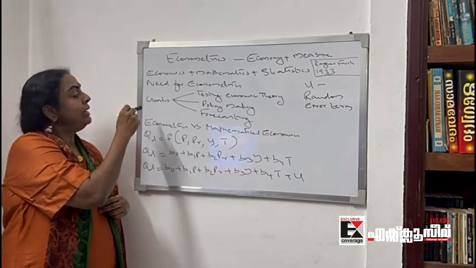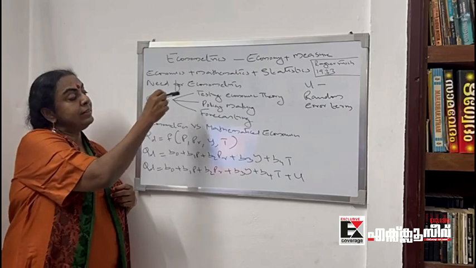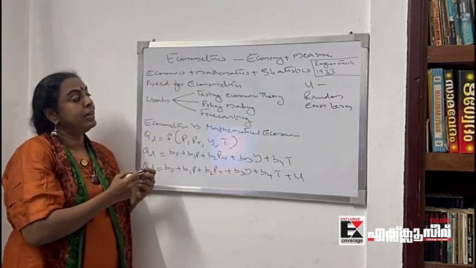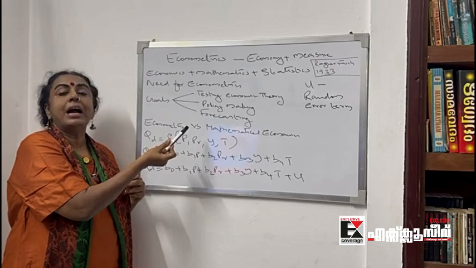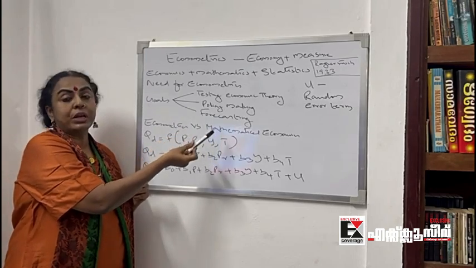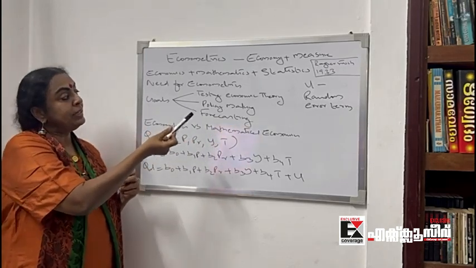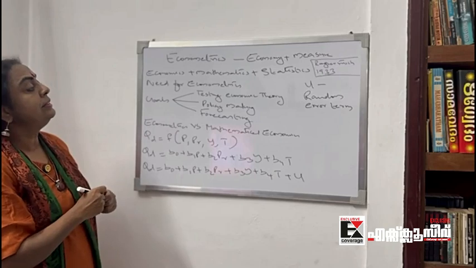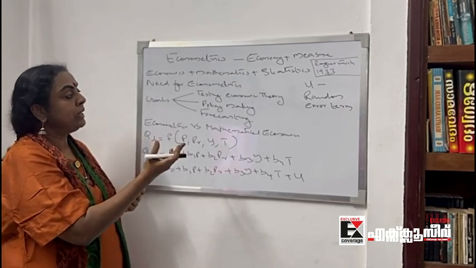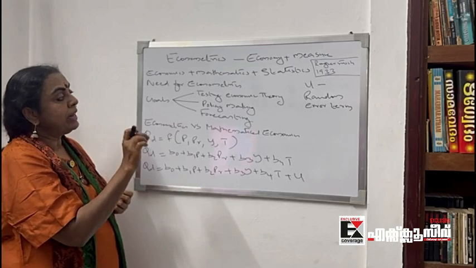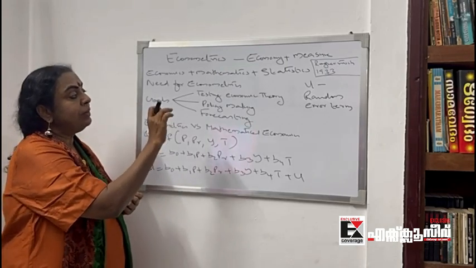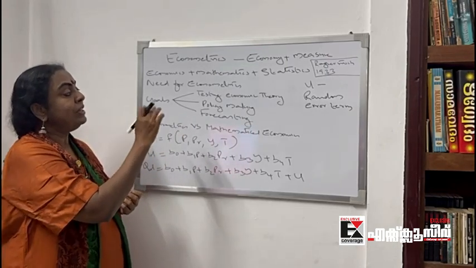When you study the goals of econometrics, there are three main goals. One is testing economic theory, the other is policy making, and the third is forecasting. For testing economic theory, when you say there is an inverse relationship between price and quantity demanded, you can find out the empirical value of that relationship and see whether it is true.